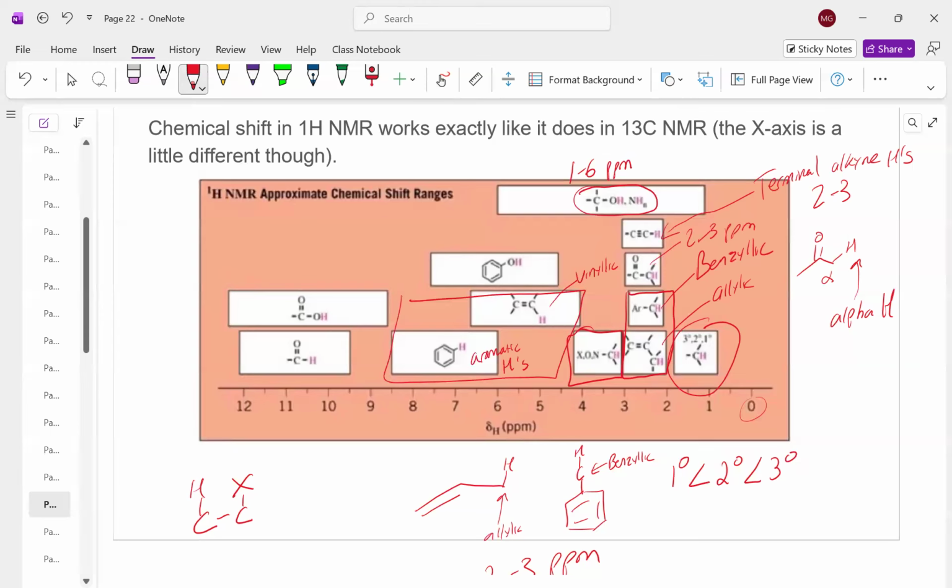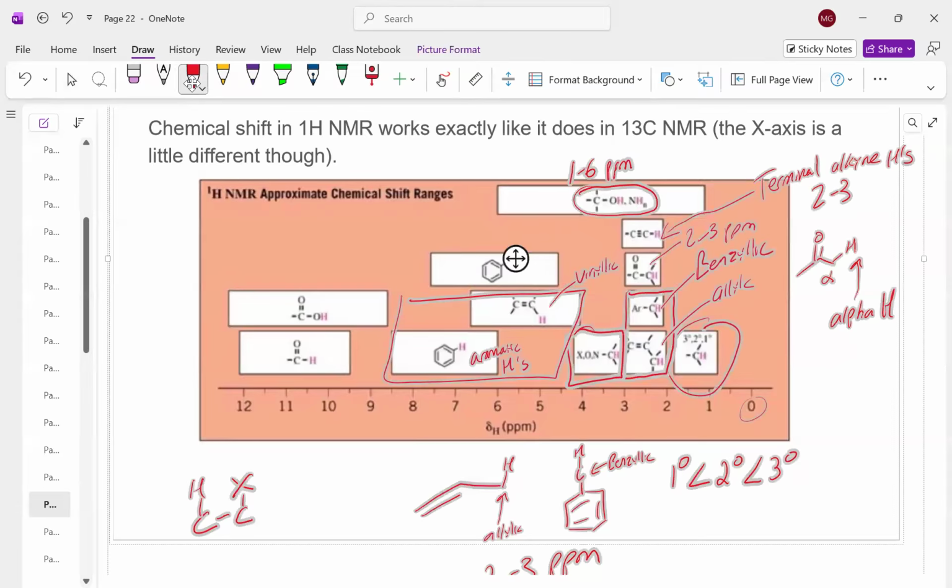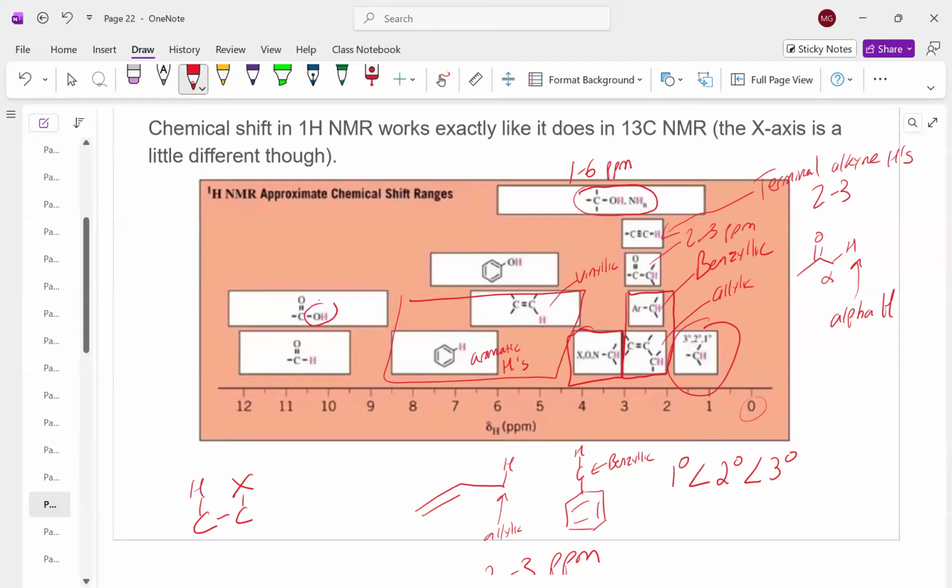Outside of that, we get into two very specific functional groups. These are the only types of hydrogens you'll see with this high of a chemical shift, and that's carboxylic acid hydrogens and aldehyde hydrogens. Those two types of hydrogens have the highest chemical shift of all functional groups.